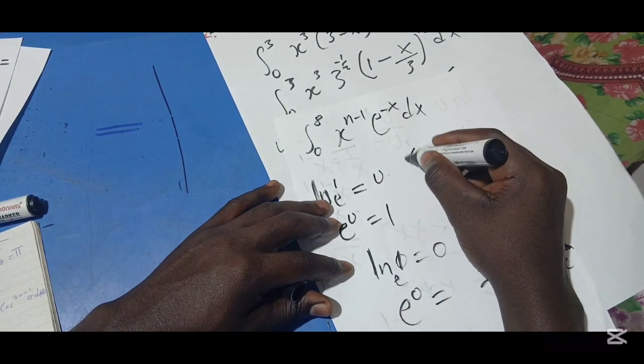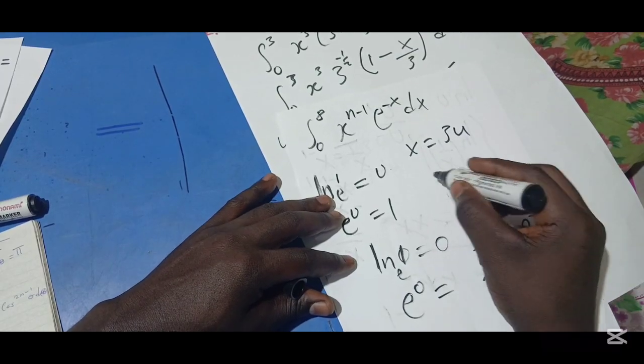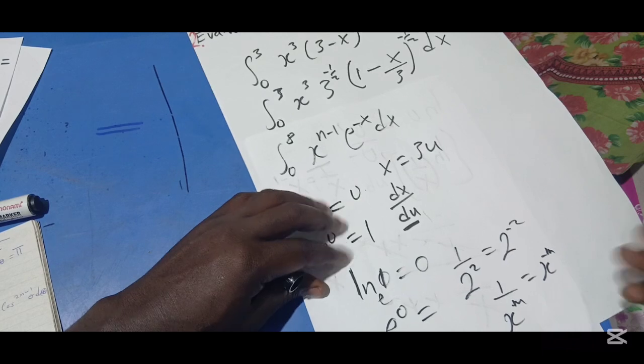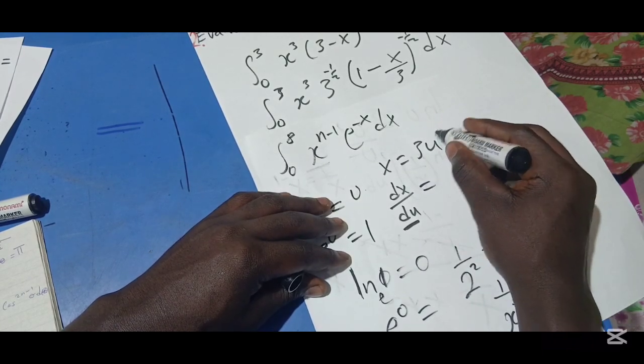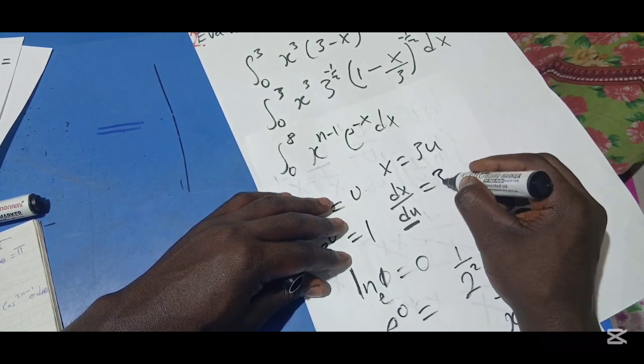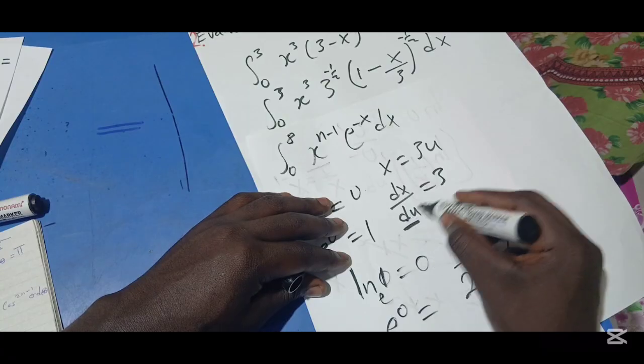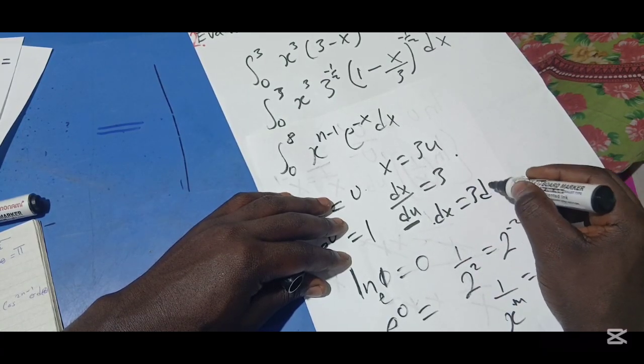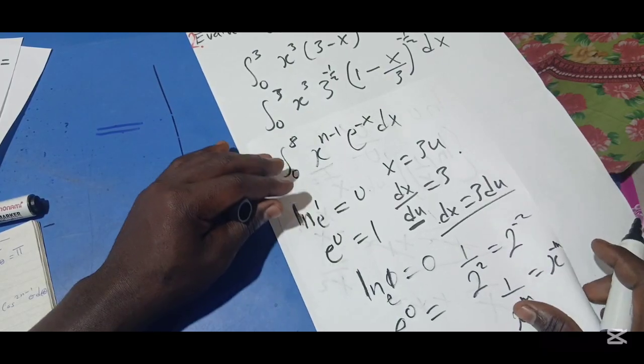It's just like saying x equal 3u, so we are going to differentiate x with respect to u. This is going to give us 3, so dx equals 3 du. So nothing changed.